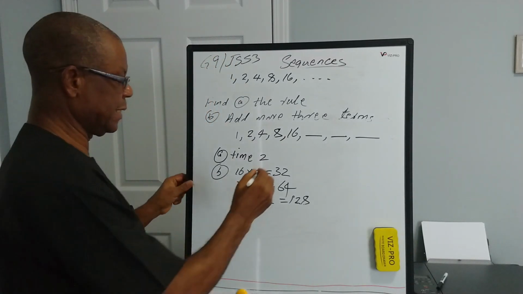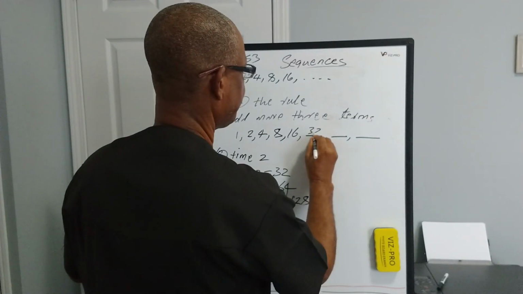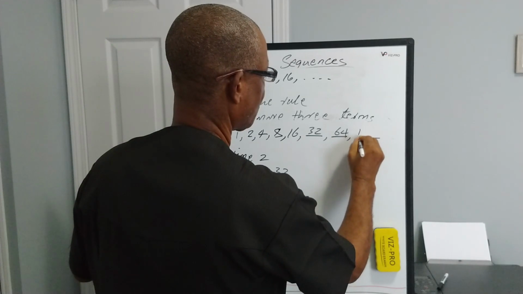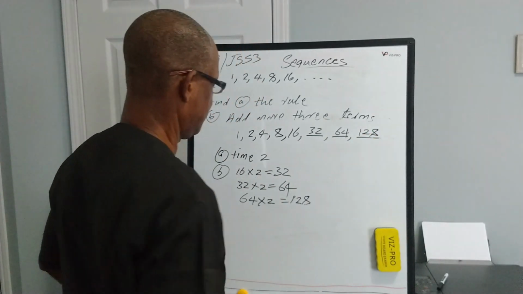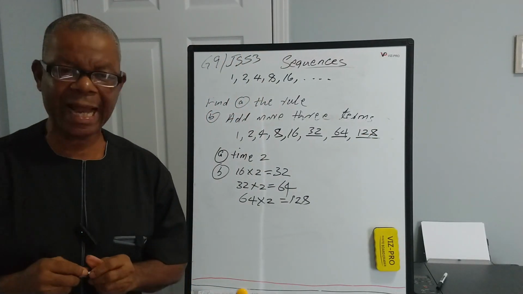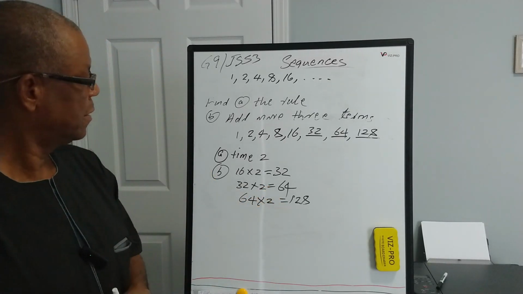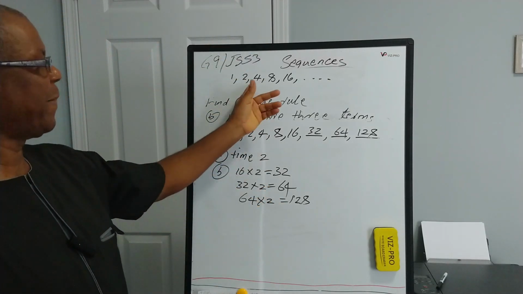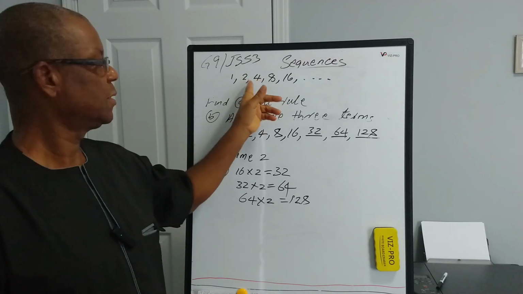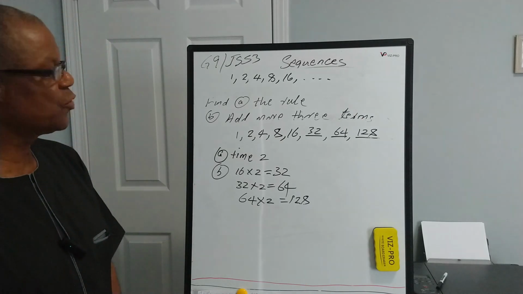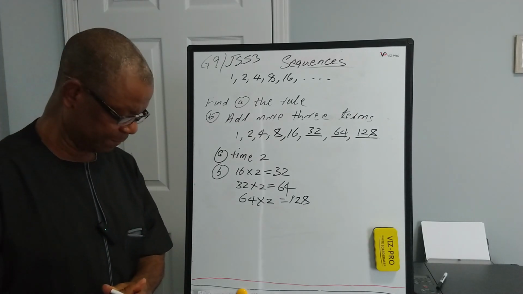So we now write here 32 and 64 and 128, times 2 as the rule here. That is for this very particular sequence. The rule here is multiply a term by 2 to give you the next term.